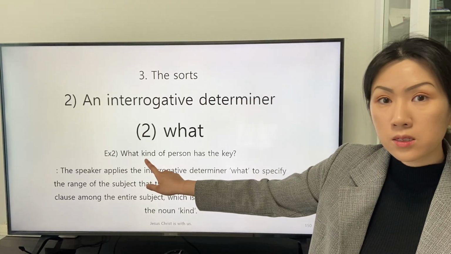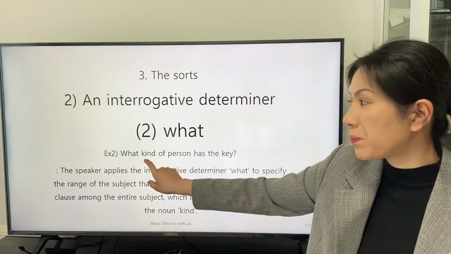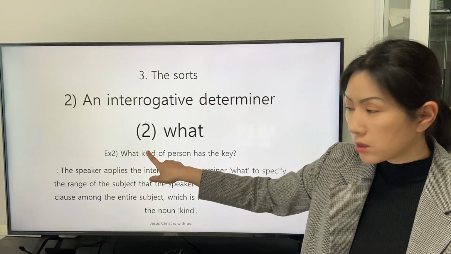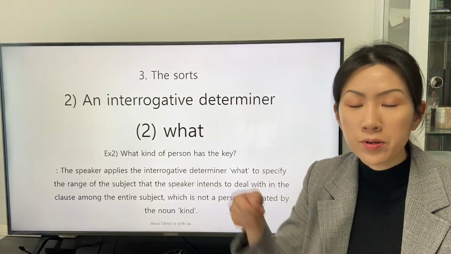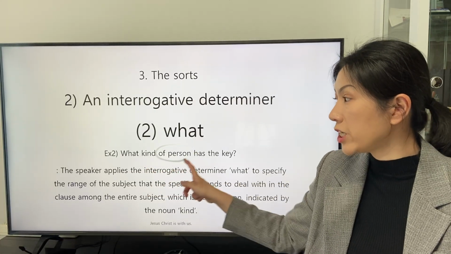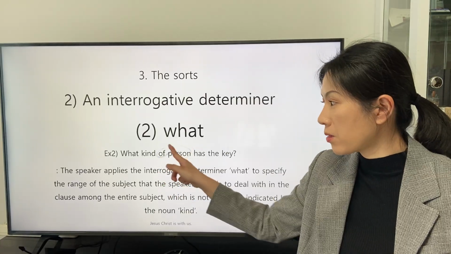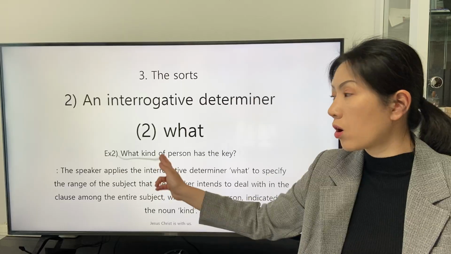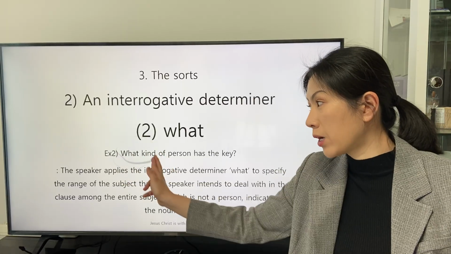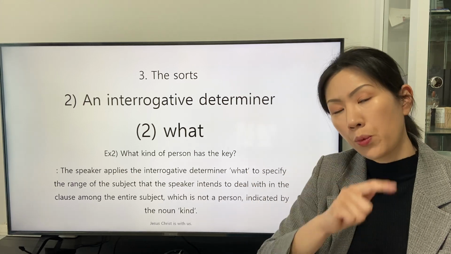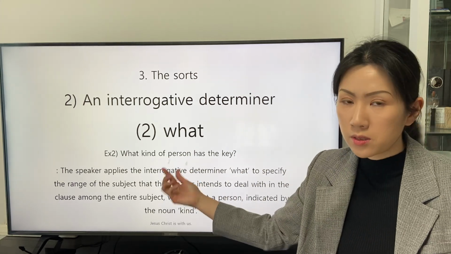The subject described by the interrogative determiner what is not a person, does not indicate a person, but with the additional description by the preposition of, we can understand that the combination, the phrase of the general noun what kind, is included in the range of the object person.